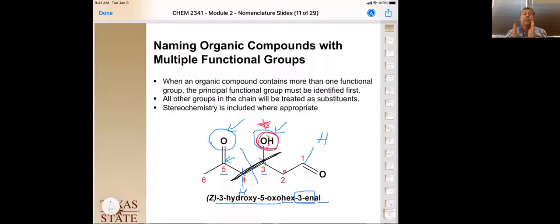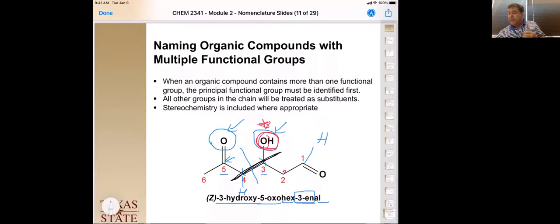But when it's a substituent, there's the next column over, and that column has substituents like oxo, hydroxy, chloro. So that's where you're going to find those names like oxo and hydroxy. So that's the way to use that tool at your disposal.